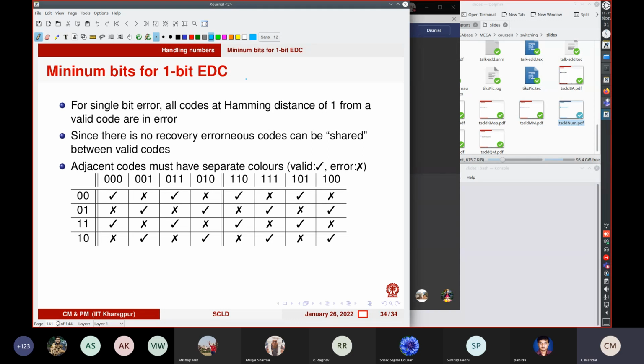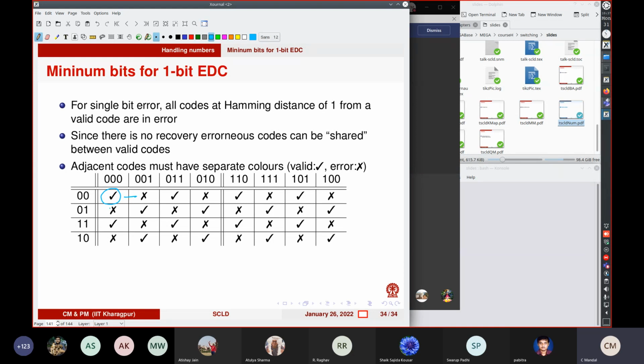All right. So here you have a 5-bit code. So let us say, if you consider this code, for example, all codes at a distance of 1.